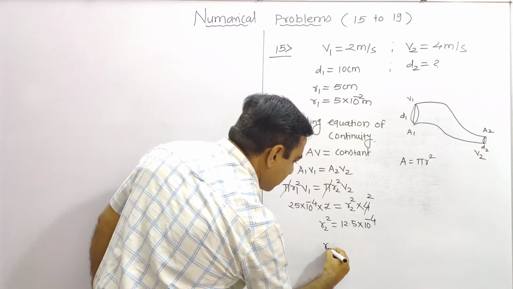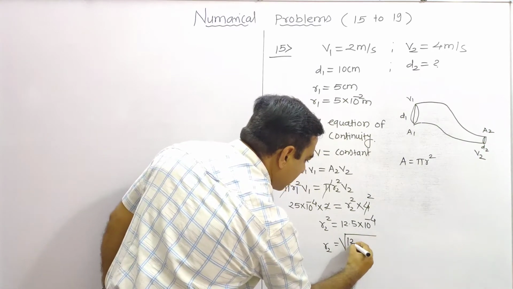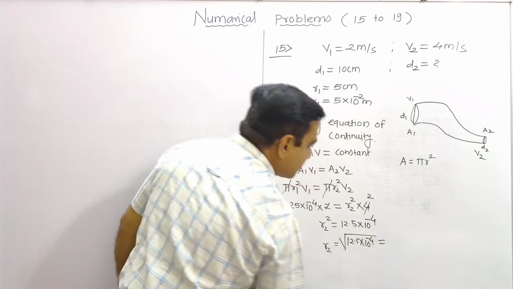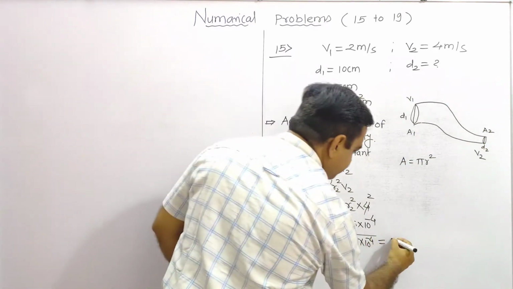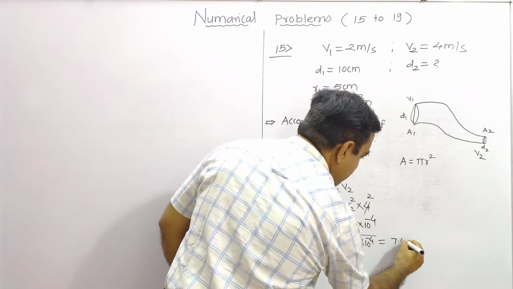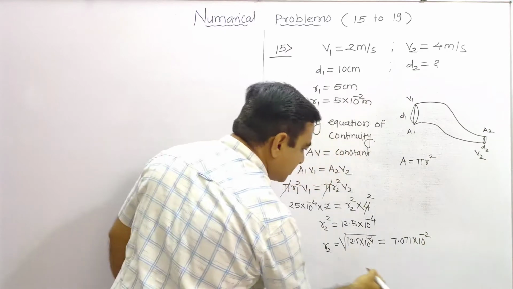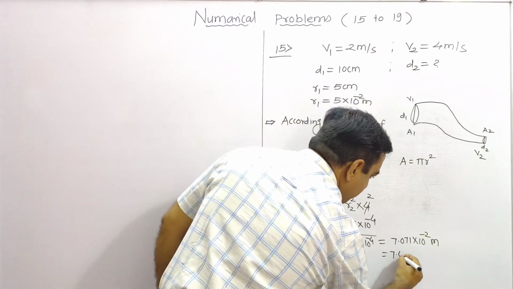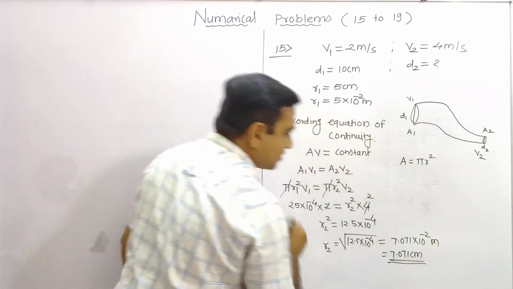If we take the square root of that, it is equal to under root of 12.5 into 10 raised to power minus 4, and the final answer is 7.071 into 10 raised to power minus 2. Obviously it is in meter, so it is 7.071 centimeter. This is your answer.